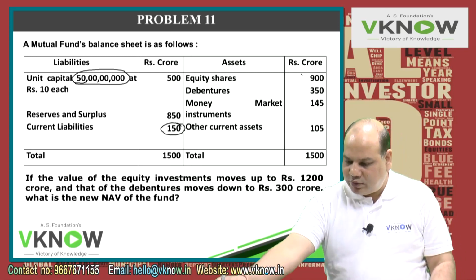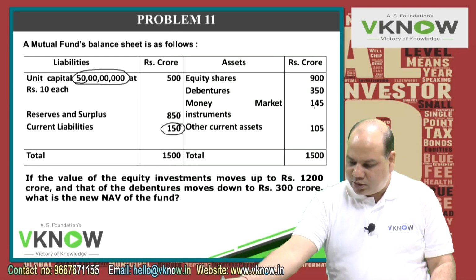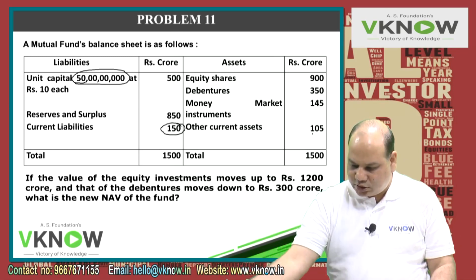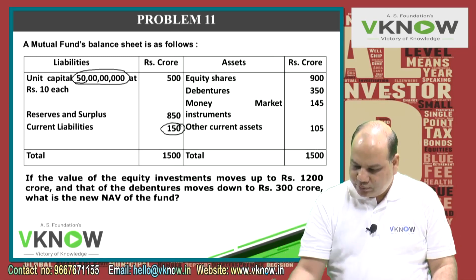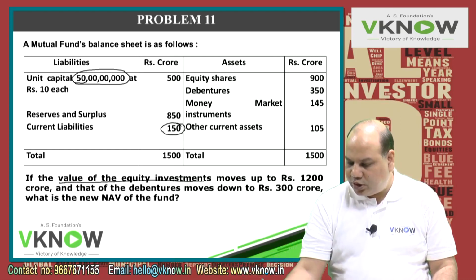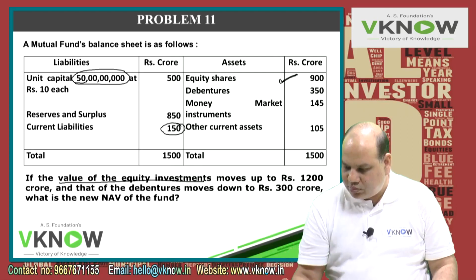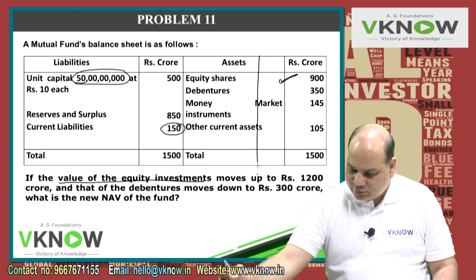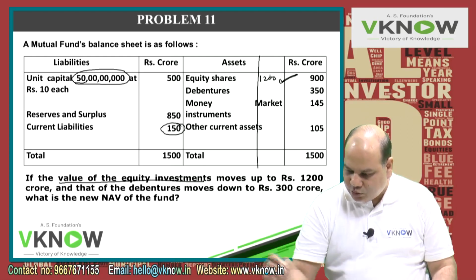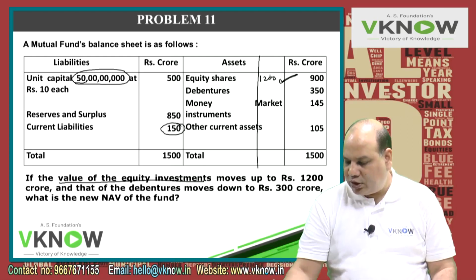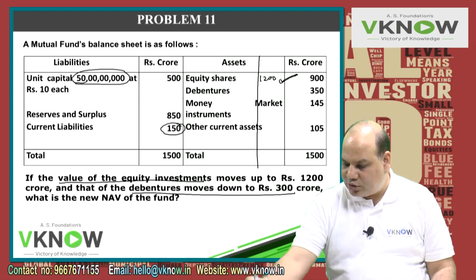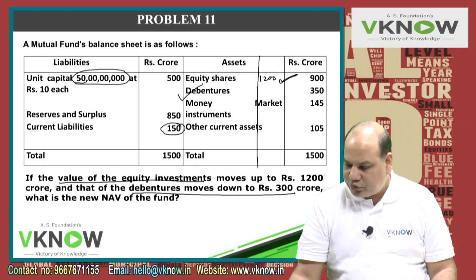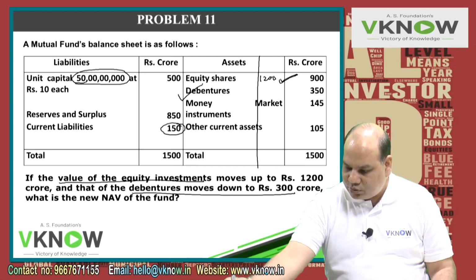Then asset side we have equity share, debenture, money market instrument, other current asset. Total. Now the problem says if the value of the equity investment, means first one, moves up to 1200. Suppose its market value goes to 1200 and the debenture moves down to 300 crore.